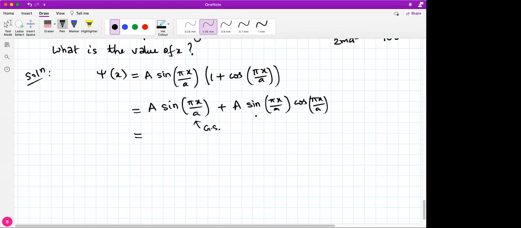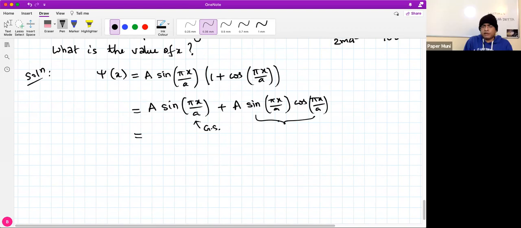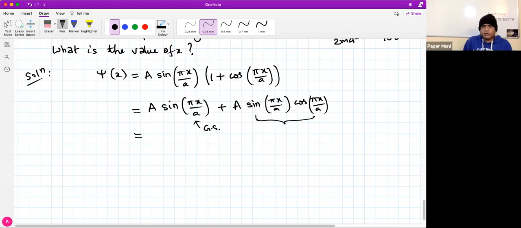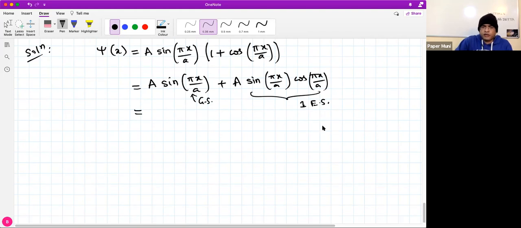And if we combine these two using the trigonometry simplification we know, we get 2πx. So this will correspond to what? The first excited state, right? First excited state.